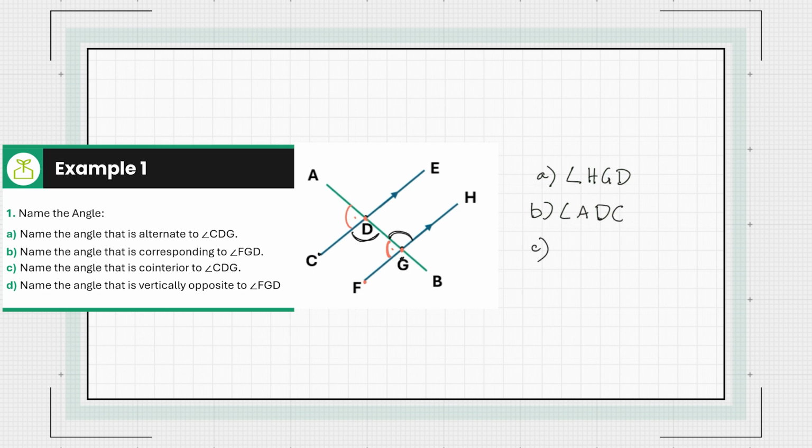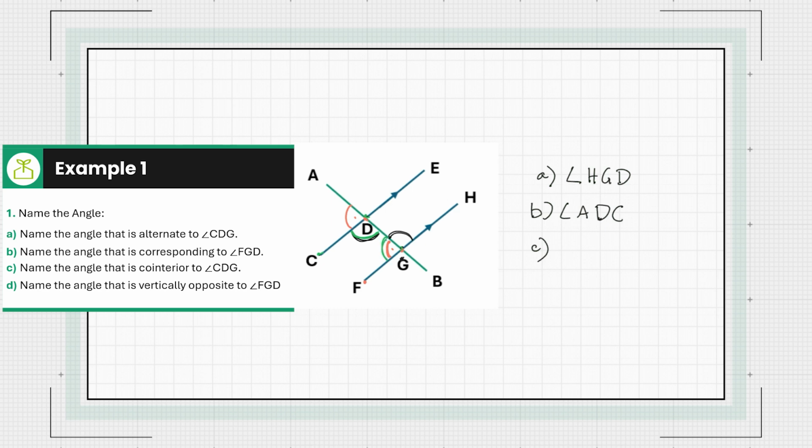So for C, name the angle that is co-interior to CGD. Co-interior to CGD. So CDG is just this same angle here again, and ultimately it's asking for co-interior. Co-interior just means the angle that is right next to it in this kind of box.